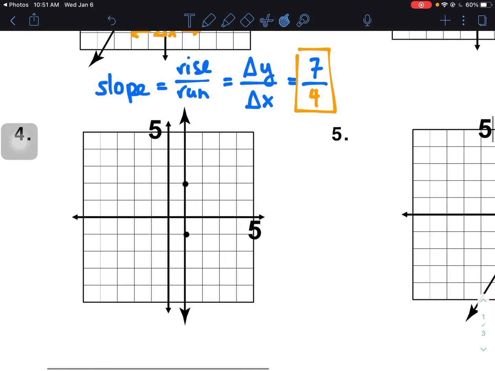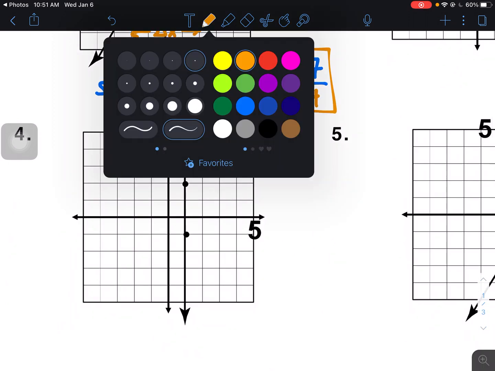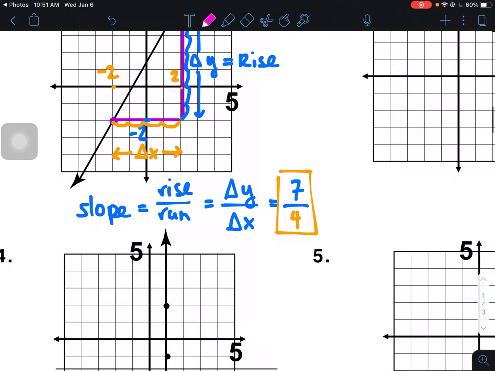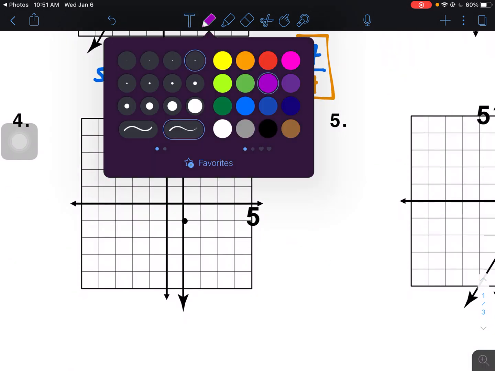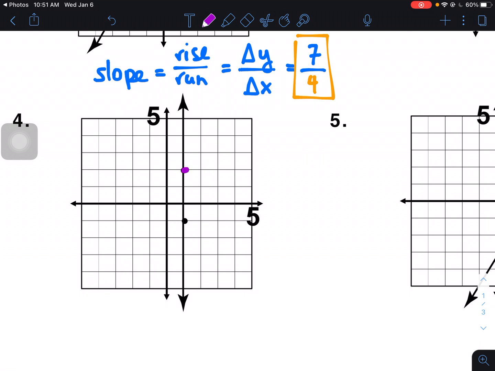Okay, let's find this slope here. Here's my 2 points. Uh-oh, I can't really draw a slope triangle for this one. I still have a rise between these points.